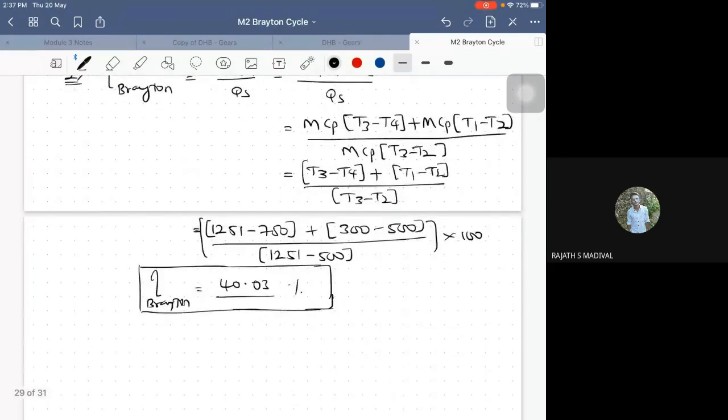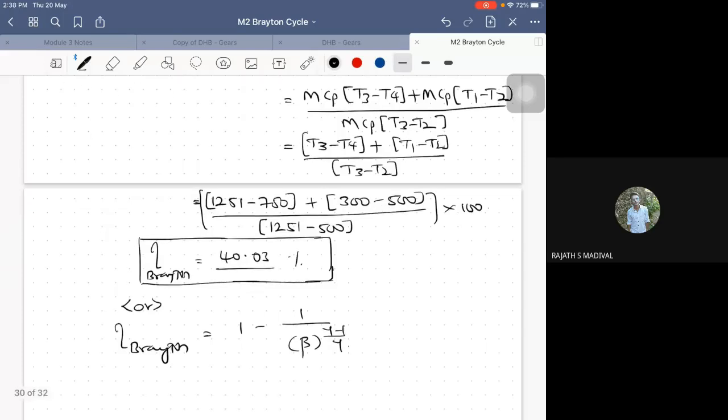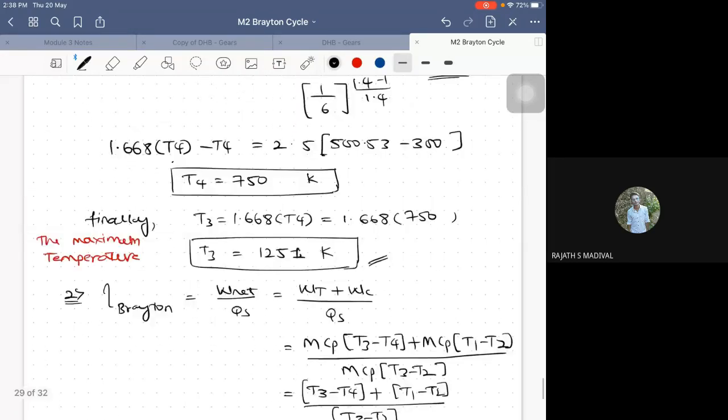Okay, now we can even have a check. I told you this is one of the methods. Or you can follow, efficiency of Brayton cycle is given by 1 minus 1 divided by beta whole to the power of gamma minus 1 by gamma. You know the value of beta. What is the value of beta, by the way? 6, correct?